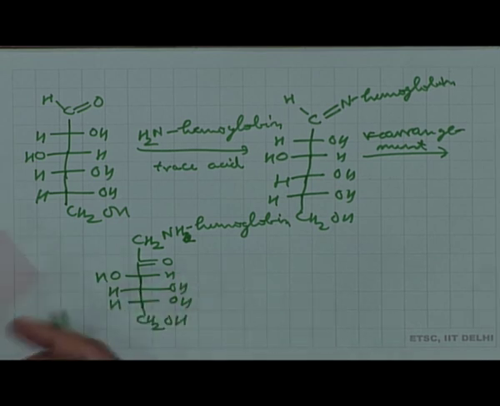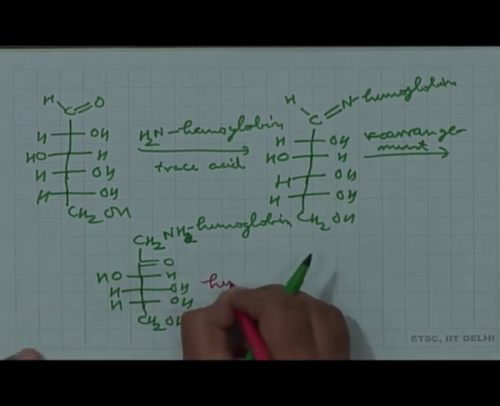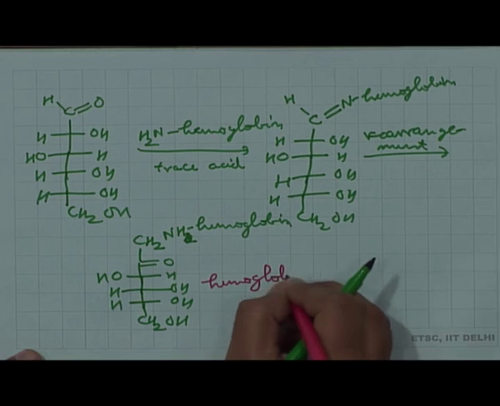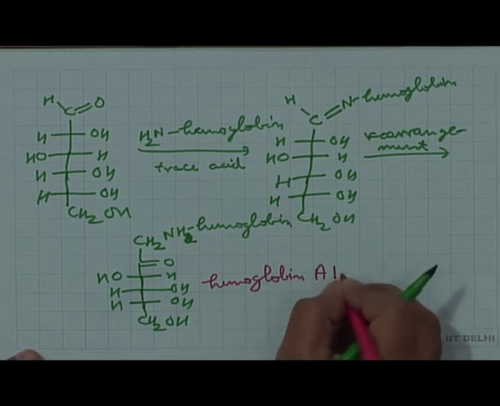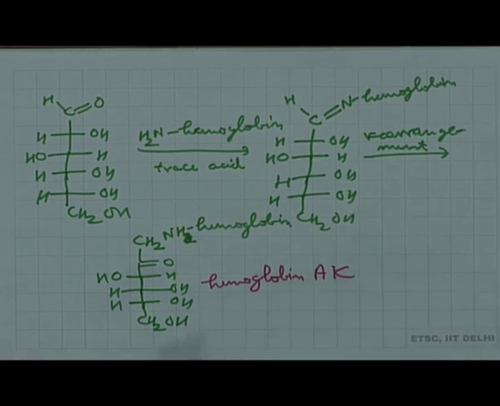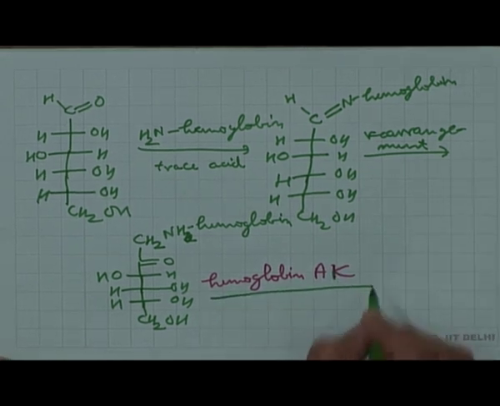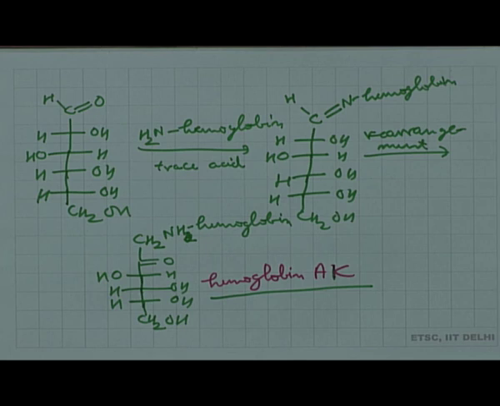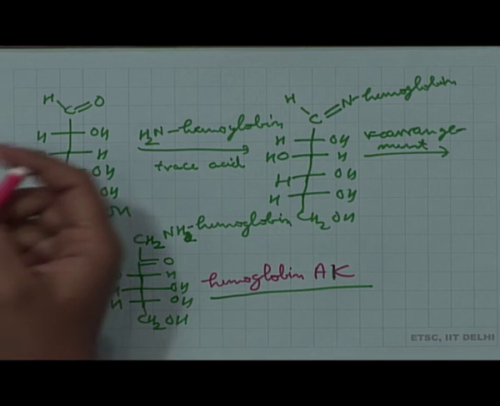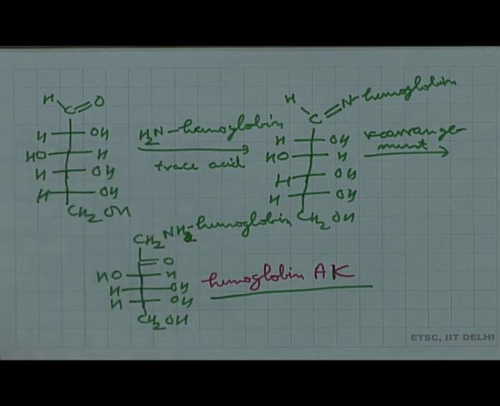This molecule is known as hemoglobin A1C. Thus, measuring the hemoglobin A1C level is a way to determine whether the blood glucose level of a diabetic patient is being controlled or not.